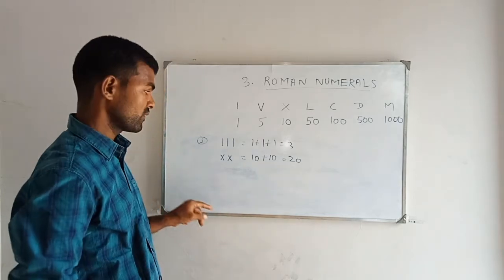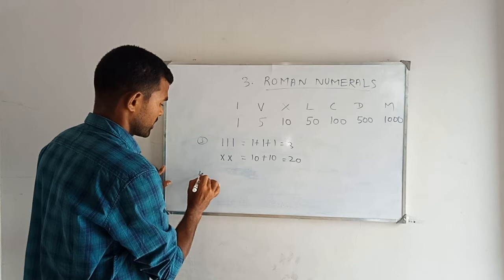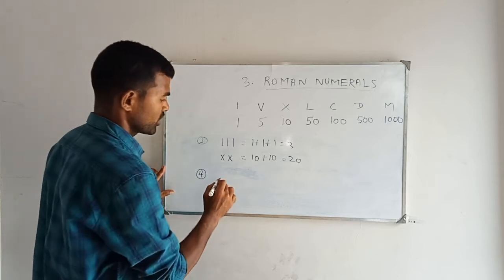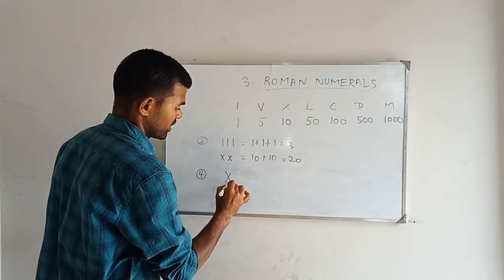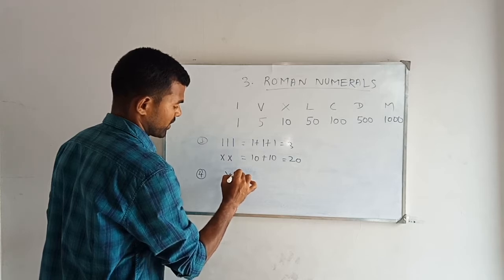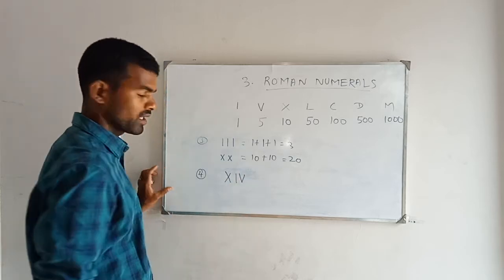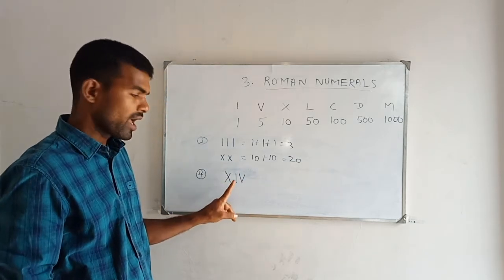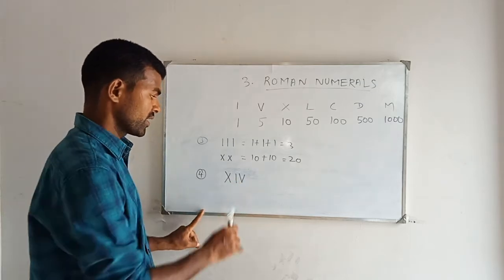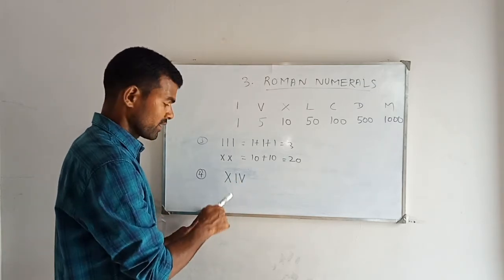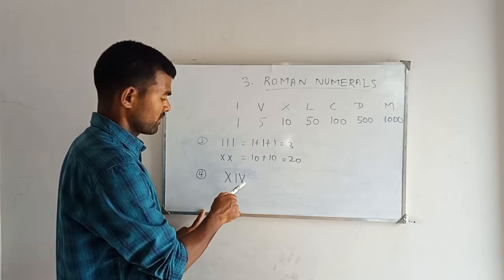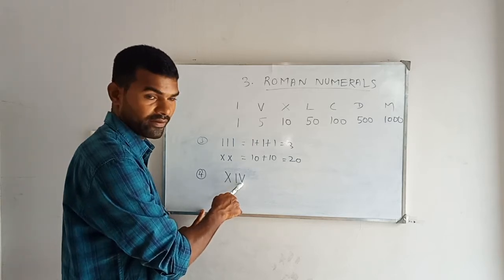Next, one more rule we are going to see, that is for when 3 numerals appear. When 3 numerals appear, what do you have to do? When 3 numerals appear, X, I, V. What is the value of X? 10. What is the value of I? 1. What is the value of V? 5.